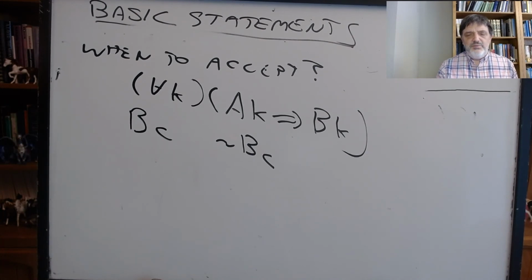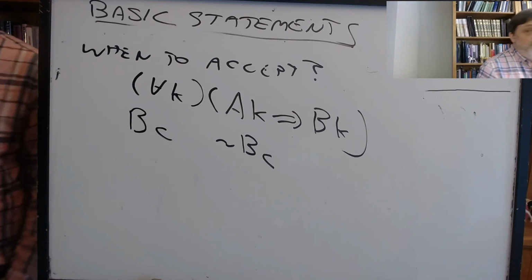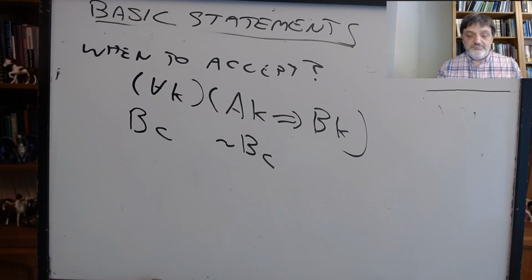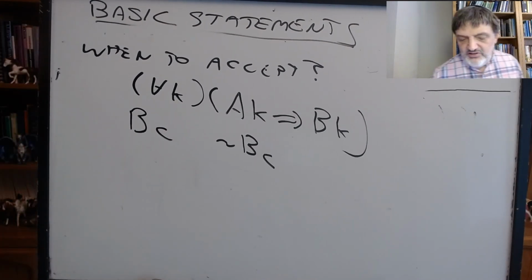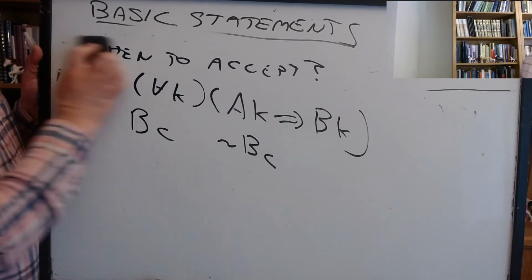When do we accept basic statements? And it seems like the answer should be when they pass tests. In other words, in order to accept one of these, don't we have to test it? So this leads into what Popper calls Fries's trilemma.